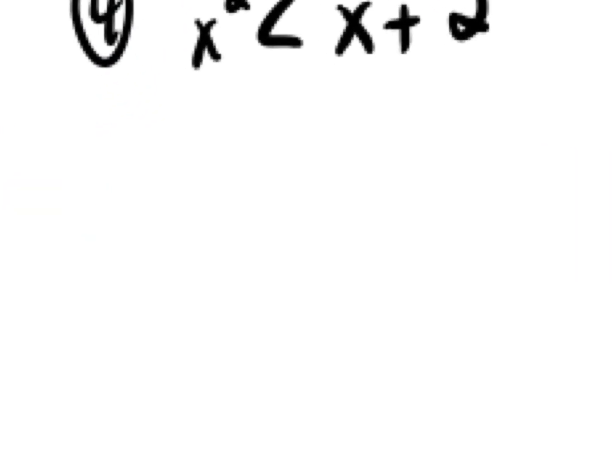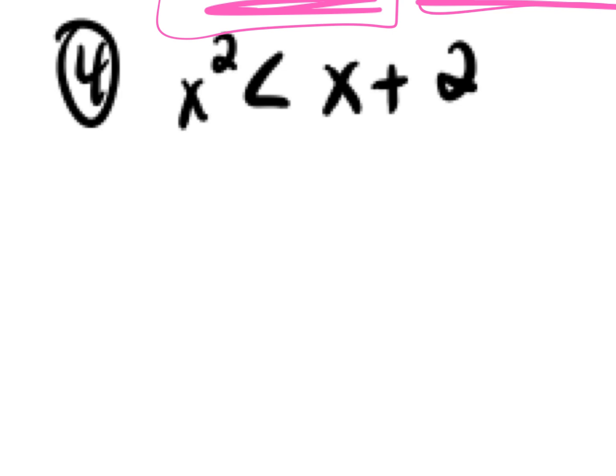So let's take a look at number 4. What should we do first for number 4? Move everything to the other side. So I like it when my leading coefficient's positive, so I'm going to move everything to the left side. So I'm going to subtract x and subtract 2. So x squared minus x minus 2 is less than 0.